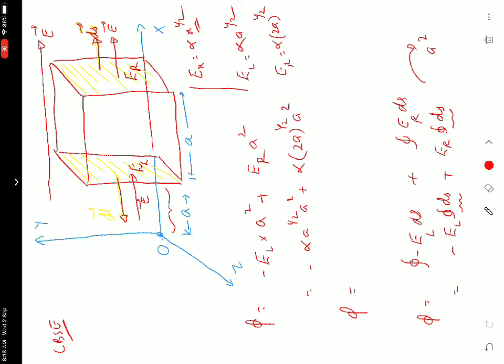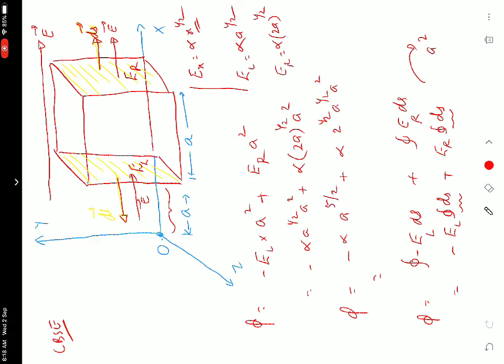So you are getting net flux. This is equal to minus alpha a to the power half and a square, that is a to the power 5 by 2. Here alpha is there, and here 2a to the power half is for both, 2 to the power half, a to the power half and a square.